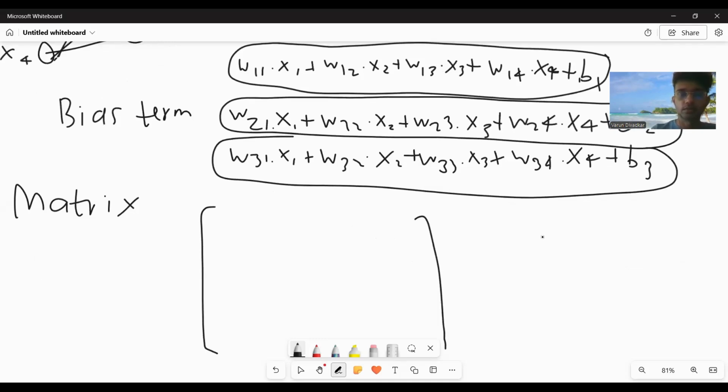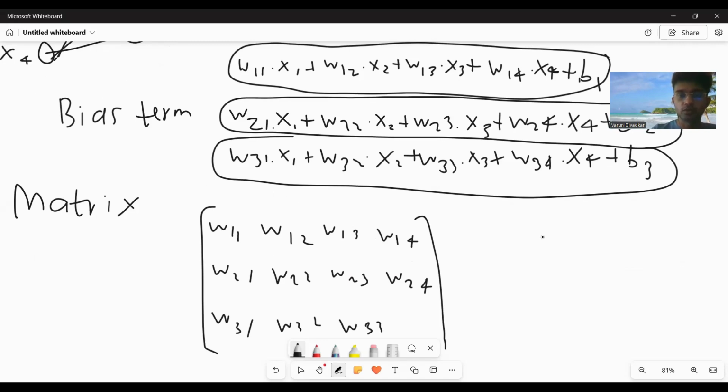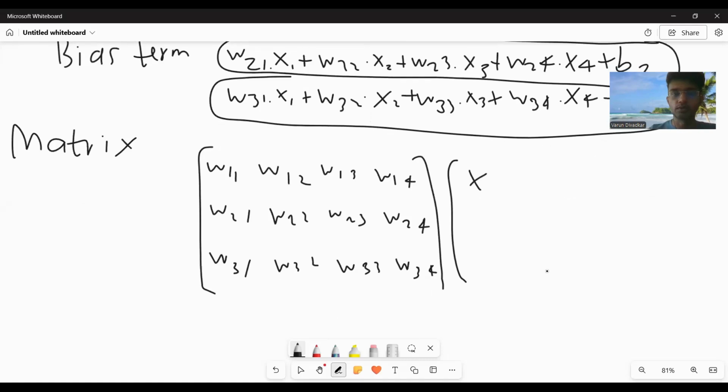Like this: W11, W12, W13, W14; W21, W22, W23, W24; W31, W32, W33, and W34, multiplied by x1, x2, x3, x4.